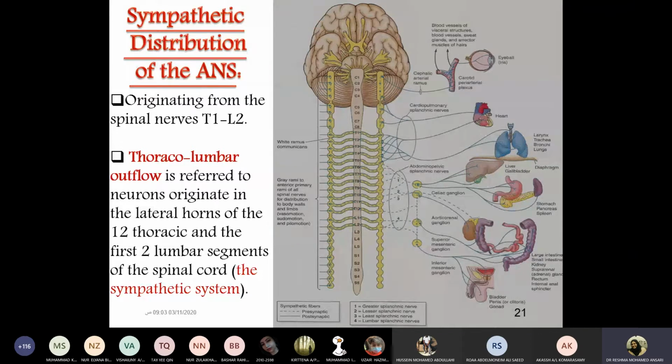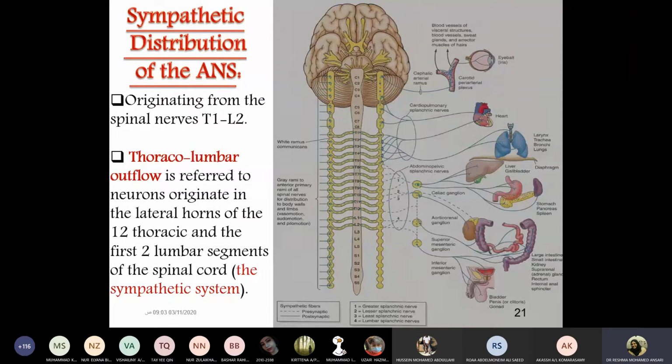So automatically we think, oh, sympathetic means it comes away from the brain and spinal cord. No, we have only one brain, we have only one spinal cord. So even your sympathetic and parasympathetic have to come from there, but the function is different. So where does sympathetic come from? It comes from the thoracic segment T1 up to the lumbar segment L2 in the lateral part of the gray matter.